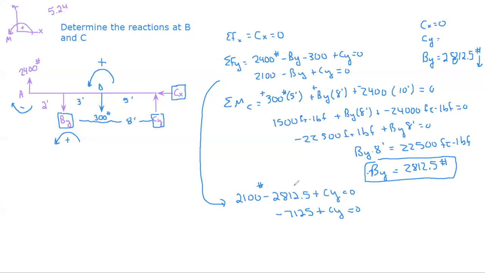I forgot to put the units in, so let me do that real quick. Add 712.5 to both sides. We get that the force Cy is equal to 712.5 pound force. It is a positive number, which is an indication that I assumed the correct direction, and it was up.